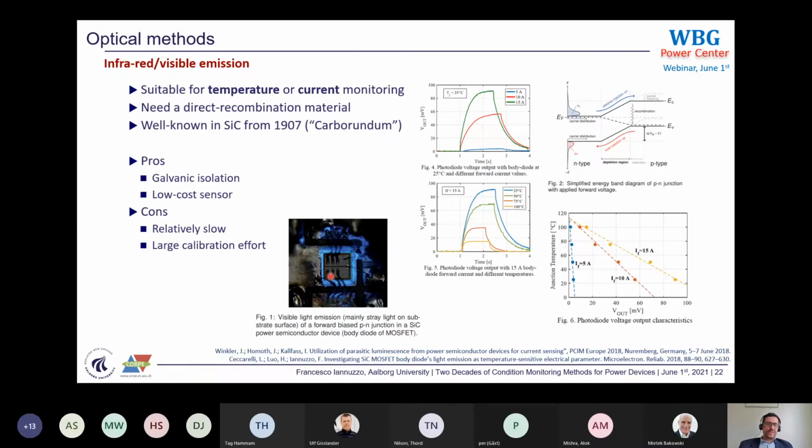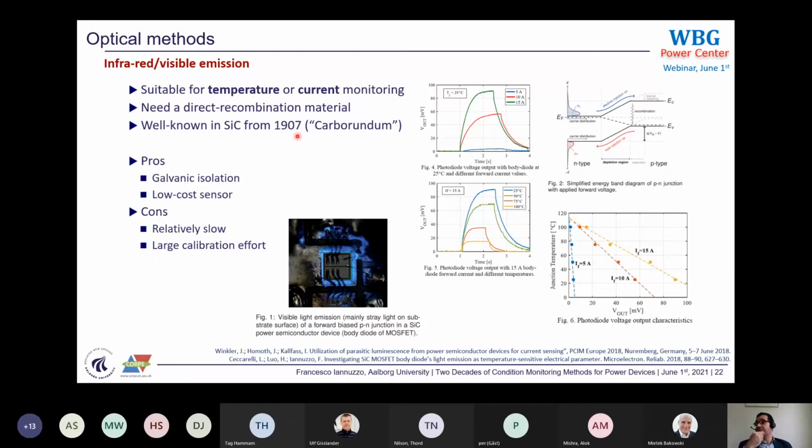In particular, silicon carbide is very well known to emit light since 1906 or 1907, so more than 100 years ago, when it was still called carborundum, because it was mostly known for its mechanical properties, its stiffness and hardness, rather than its semiconductor properties. Nevertheless, this phenomenon was very well known.